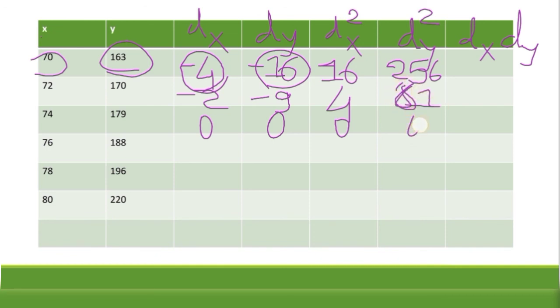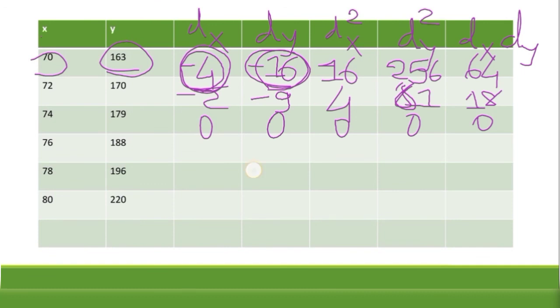Then this will be 0. Then dx into dy, so multiply these two values. Minus 4 into minus 16 is 64. Then minus 2 into minus 9 is 18. Then 0 into 0 will be 0. I have found out the other values.